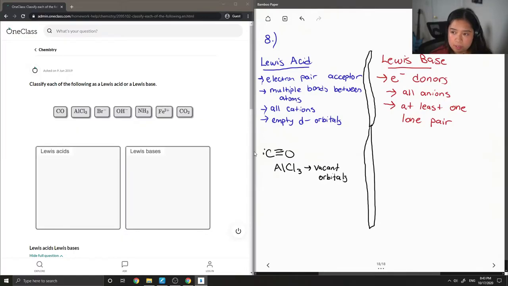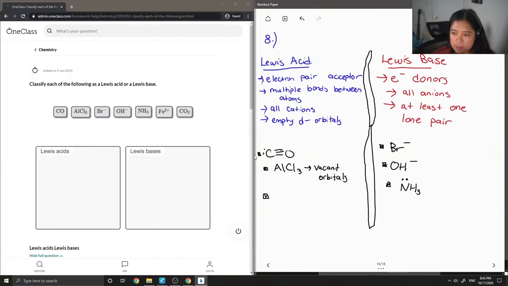For the bromine, it is negatively charged, so I'm going to put that on the Lewis base side. Same thing for the hydroxide ion, it's a Lewis base. So NH3 is also a Lewis base. It's because this nitrogen has a lone pair.